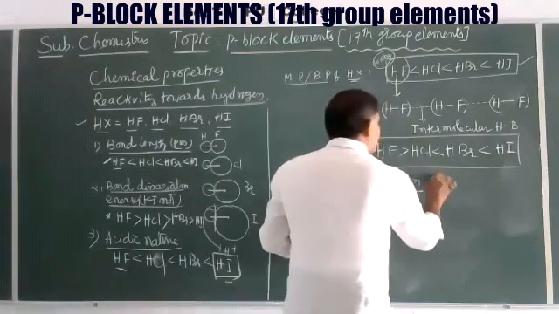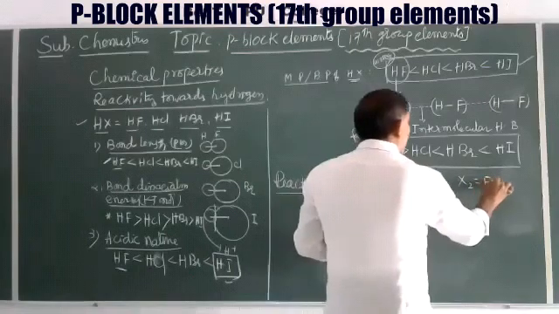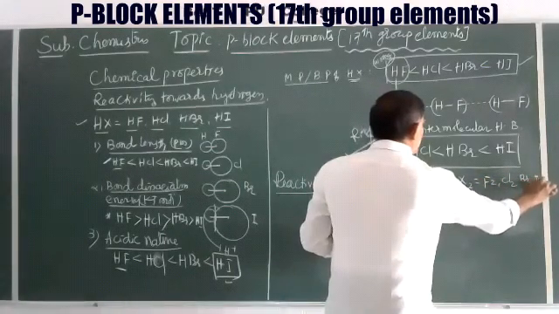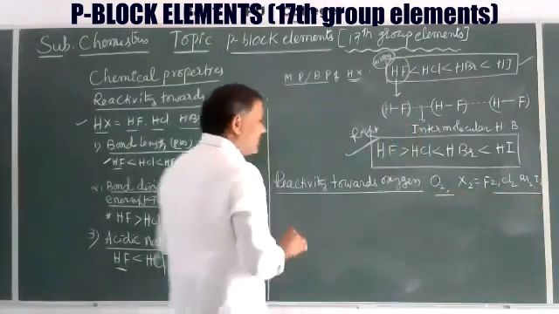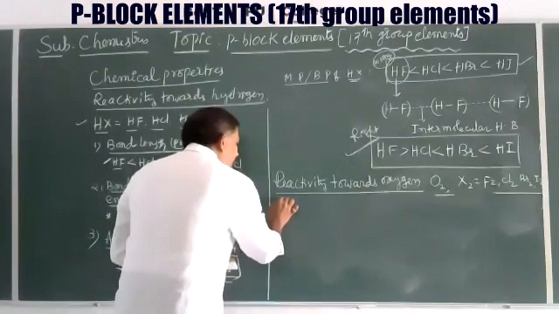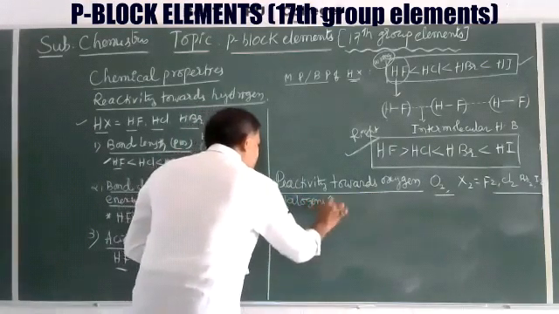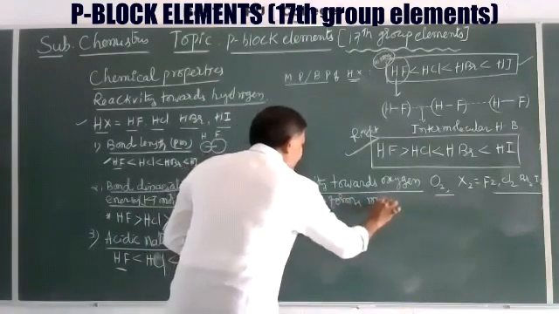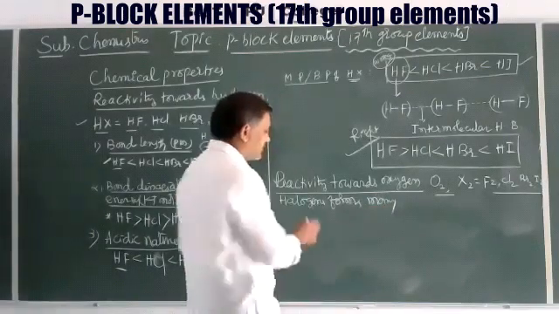So oxygen is dioxygen. Halogens are X2, like F2, Cl2, Br2 and I2. Generally, halogens form many oxohalides or oxides.